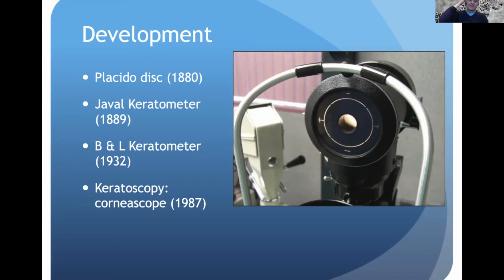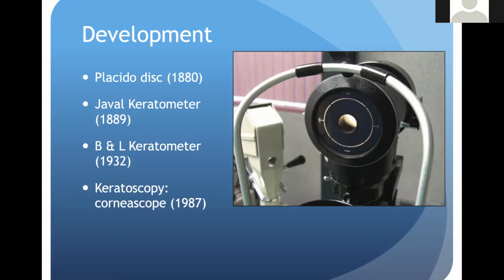And then in the 1930s, the classic B&L keratometer, which you'll see in the picture on your right, has essentially been unchanged for almost 100 years, or 88 years.